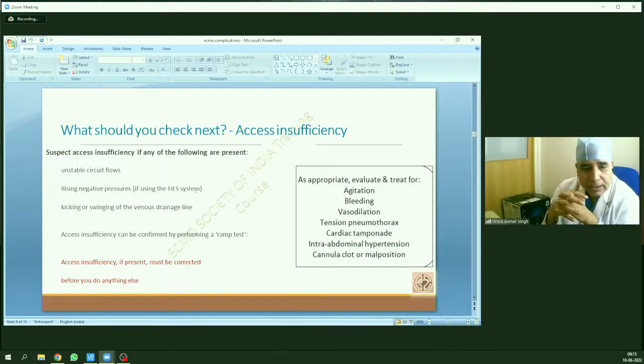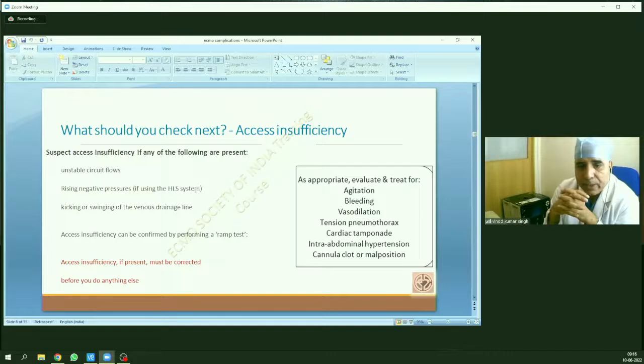So after looking at the machine, you should look at the access insufficiency and try to correct it. Besides these cannula-related problems, patient-related problems can also cause a change in the preload and afterload and cause poor access and access-related problems.